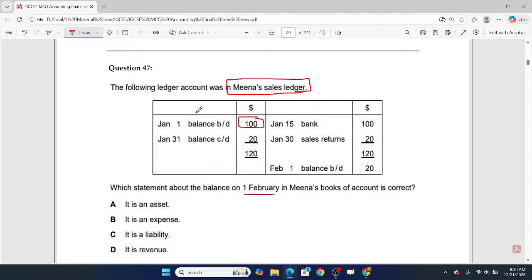Amount recoverable from some third party by Mina. Definitely, if the balance is on the debit side, what does it mean? It's an asset. So it is an asset, which is correct.